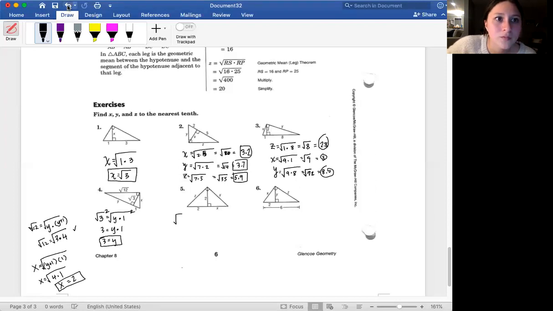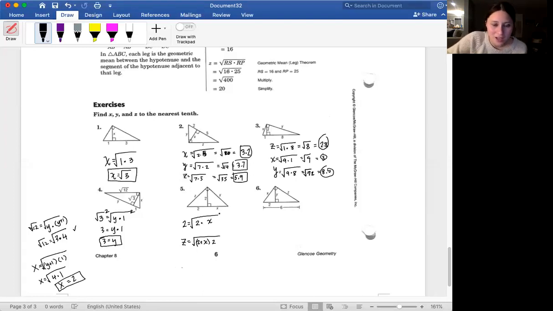All right, let's see if we can do 5. Ooh. The altitude theorem, using it to find the altitude, equals the geometric mean of the two parts of this hypotenuse. Z equals square root of 2 plus x times 2, and y equals square root of 2 plus x times x. Here's the thing. I think it would help us if we found x first.